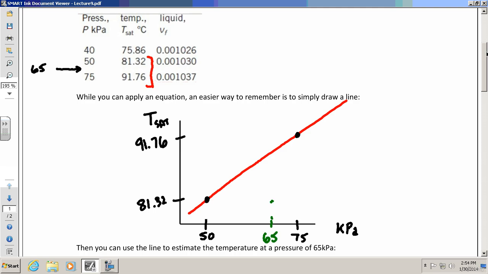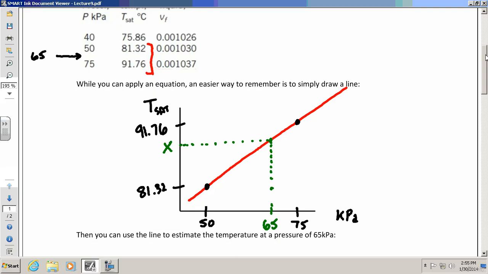So you kind of dot that up, gets to this point, and then you can take it over like that, okay? And we're going to call this unknown value X, the unknown saturation temperature at a pressure of 65 kPa.